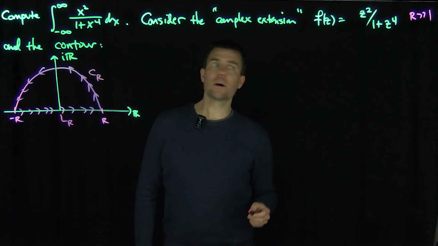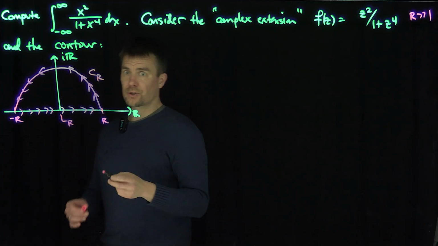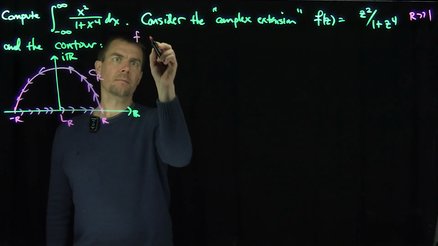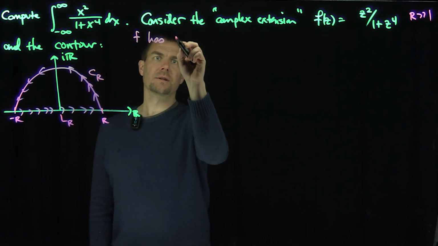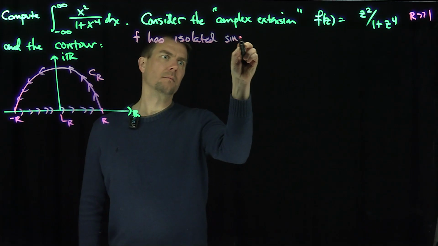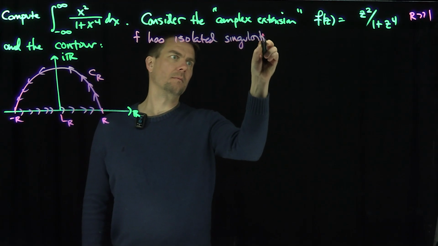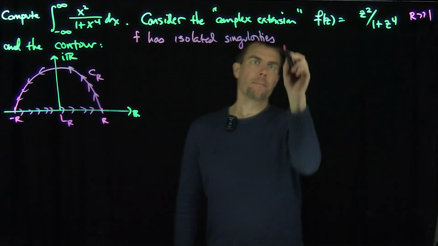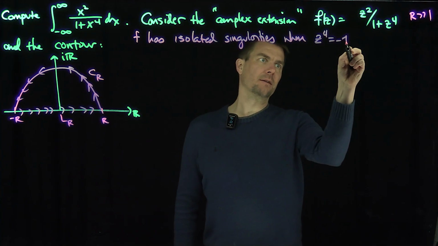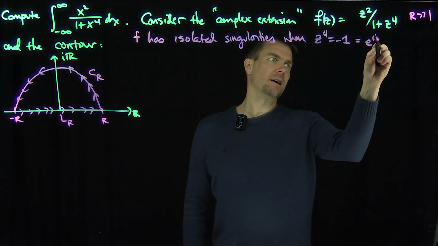Now, if R is bigger than 1, this function has singularities in here, right? So f of z has isolated singularities when z to the fourth is equal to negative 1, which is the same as e to the i pi.